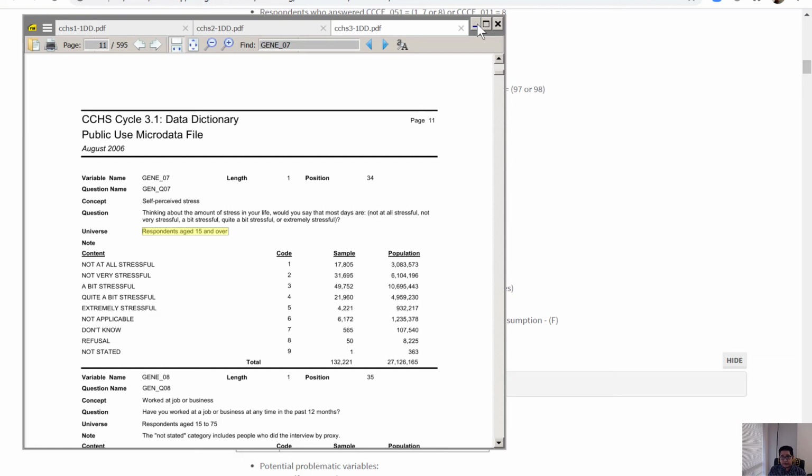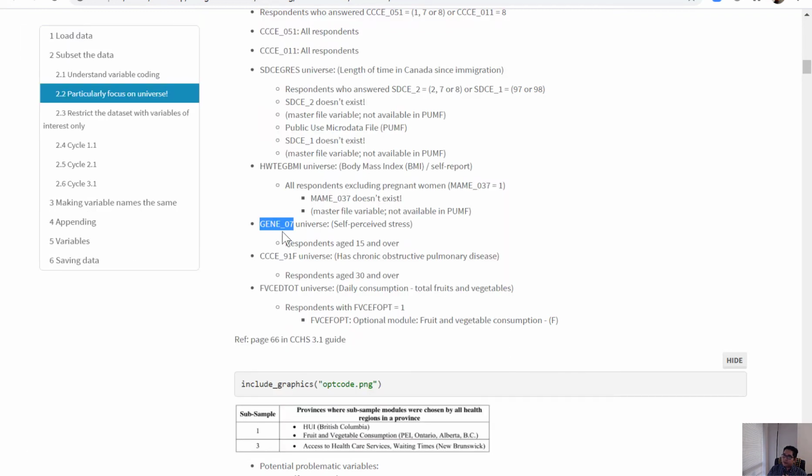So for example, for this CCHS dataset, 12-year-olds were allowed to respond to some of the questions, but for this particular question only 15 plus respondents were allowed to answer this question. So if you include this variable, you need to make sure that nobody below this 15 years of age are included. But if you are thinking that you will impute these variables somehow later on, that's a different story.